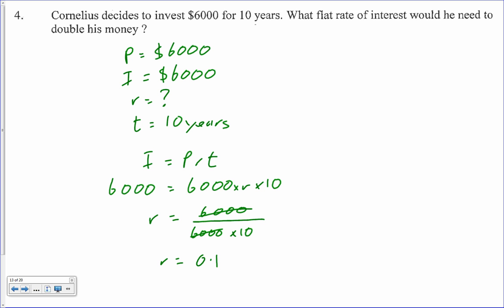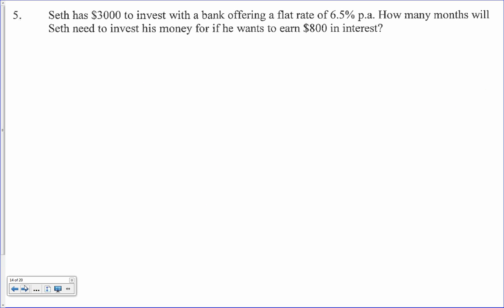So therefore, Cornelius needs a rate of 10% per annum to double his money over that time. Question 5. Seth has $3,000 to invest in a bank offering a flat rate of 6.5% per annum.